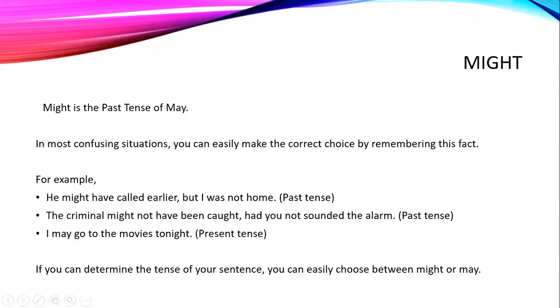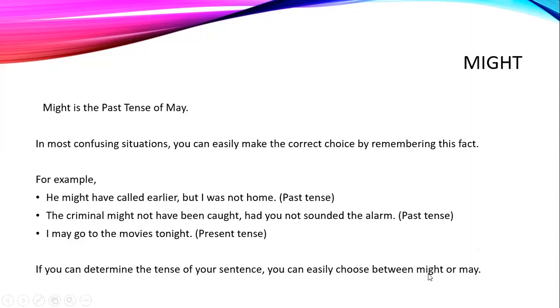If you are talking about the present, then may will be used in a sentence to show possibility, to express some fact or something that would be factual. But if it is in past tense, then the past form of this modal verb may, might, would be used.